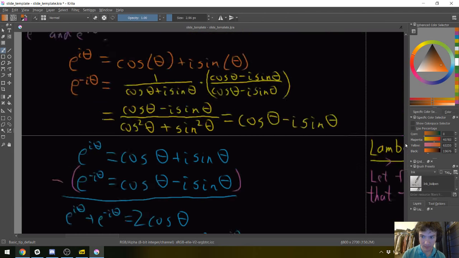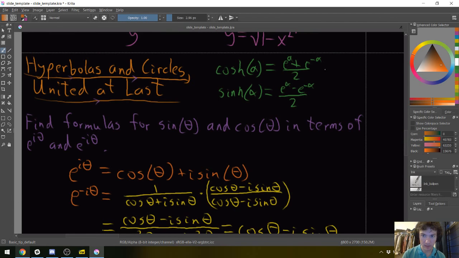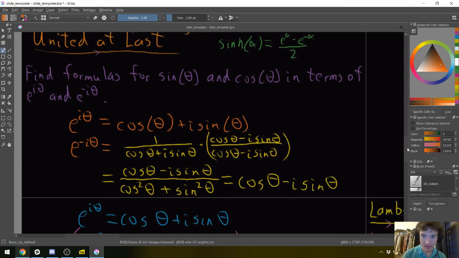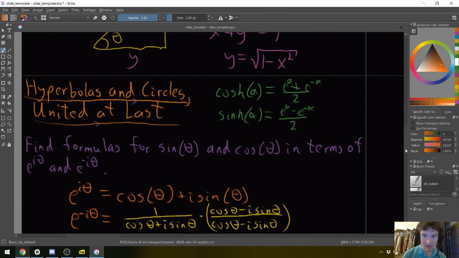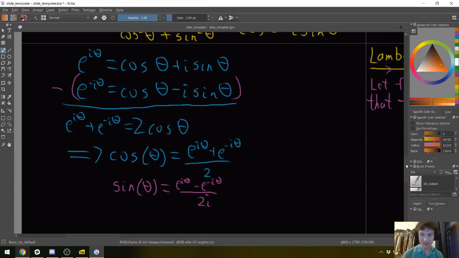The only difference between these formulas is what? It would be the alpha being replaced with an i theta and vice versa. Yeah, so the alpha appears in the exponential as a real number. Theta appears in the exponential as an imaginary number.